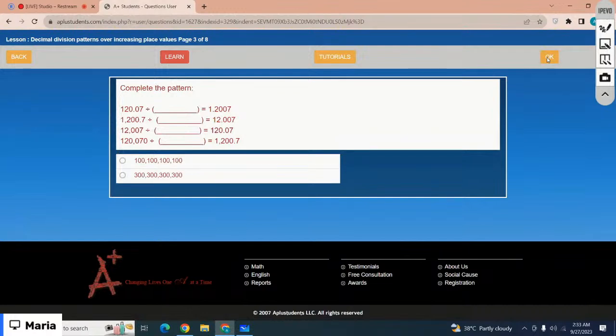Which is the correct option? The correct option is they all are divided by 100. So the correct option is 100.